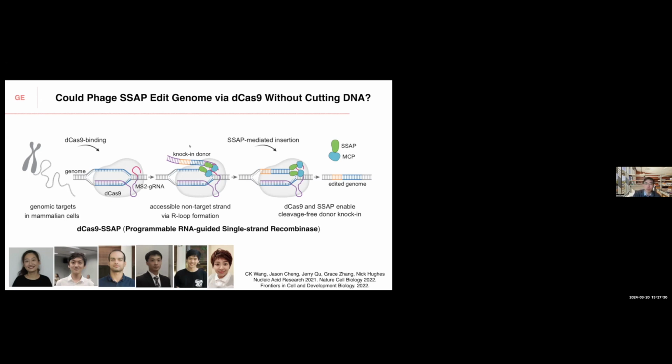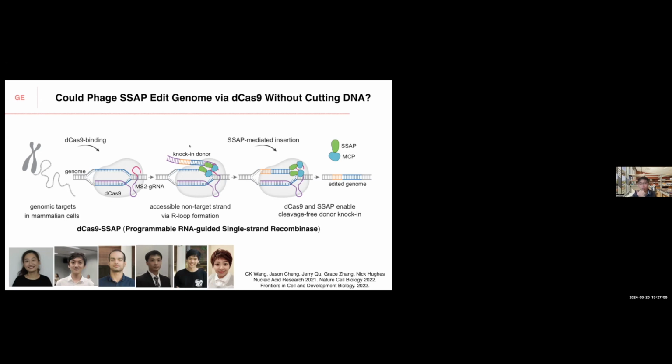So earlier we published work showing that we use dCas9 to target these SSAP, shown here in green. We can recruit SSAP through an RNA binding protein in blue, MCP, the MS2 RNA binding protein, so that the green SSAP protein is recruited to dCas9.